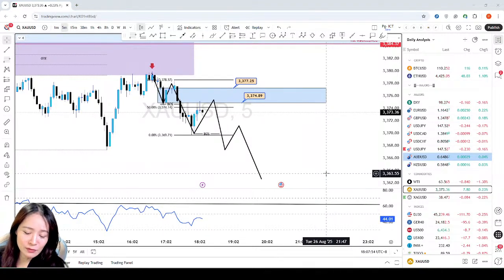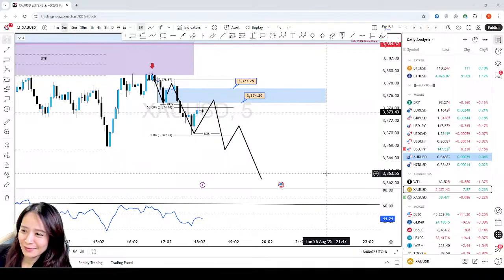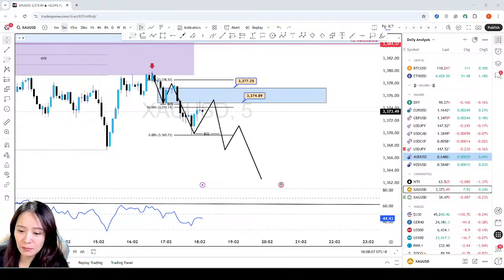Anybody sell? If you sell, you can click the heart or give me a thumbs up. I sell, with a very small lot size.